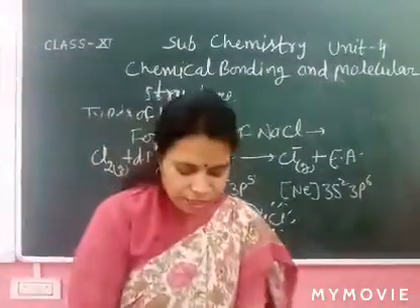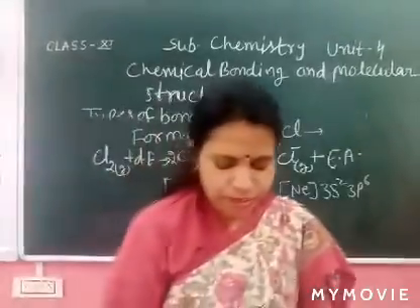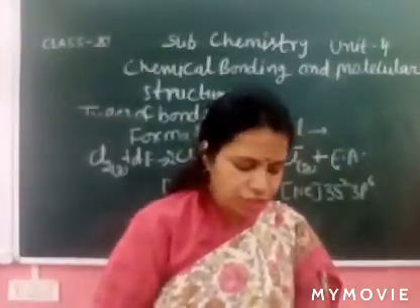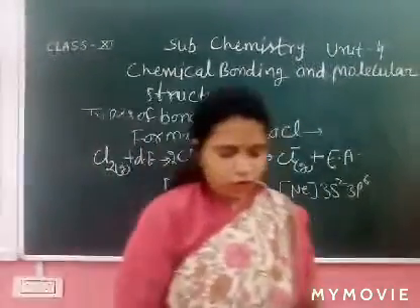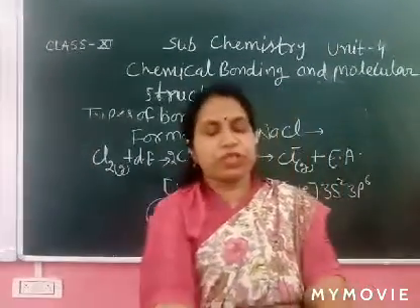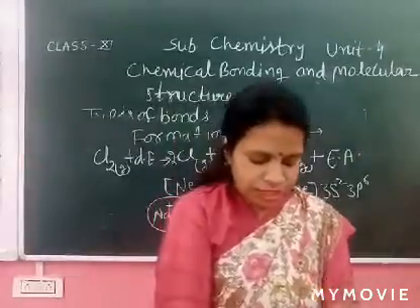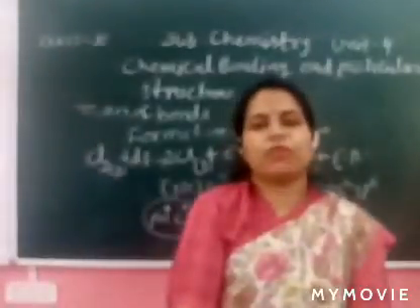Now you can form any example like MgCl2. Thus the number of electrons lost or gained during the formation of an electrovalent linkage is called the electrovalency.